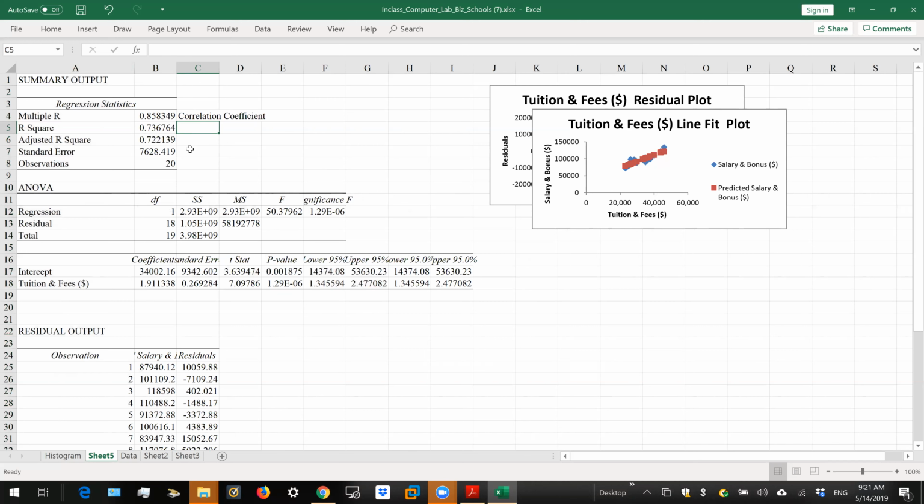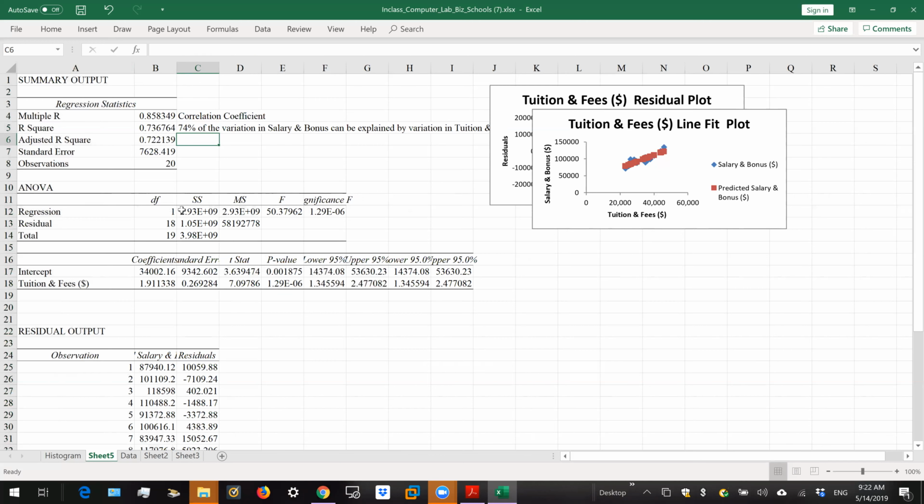What this means, again, is that 73.67, or about 74% of the variation in salary and bonus can be explained by variation in tuition and fees.